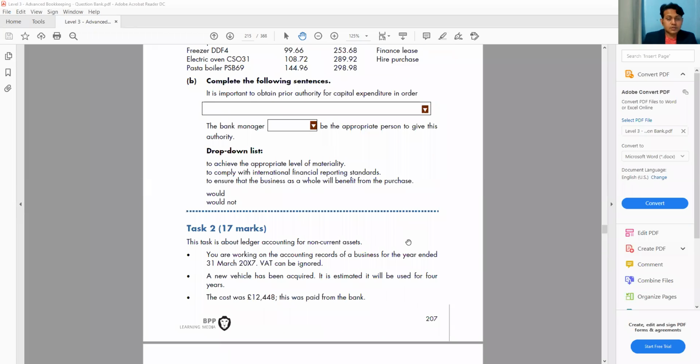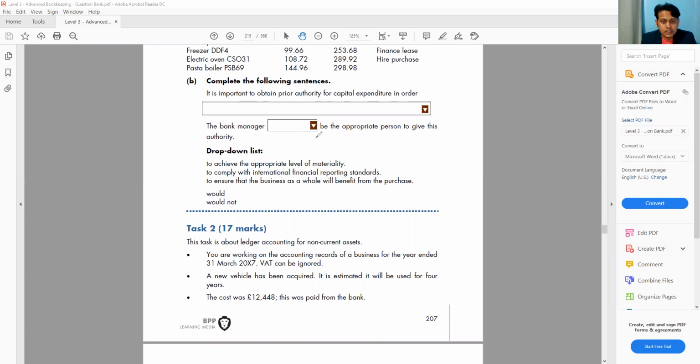All right, let's try Activity 1, question B. This question is asking, complete the following sentence. It is important to obtain prior authority for capital expenditure in order for what?